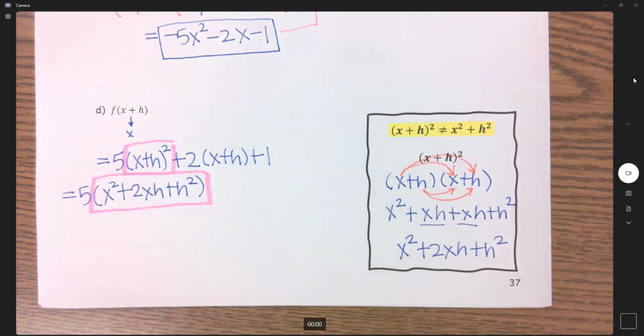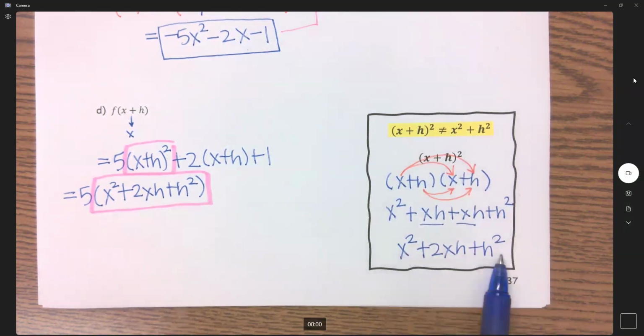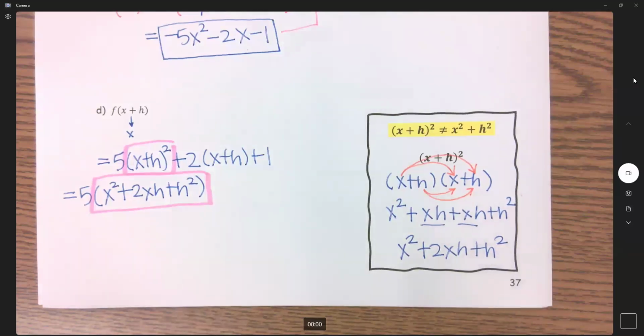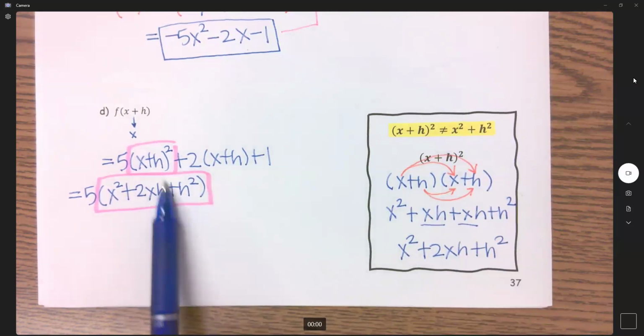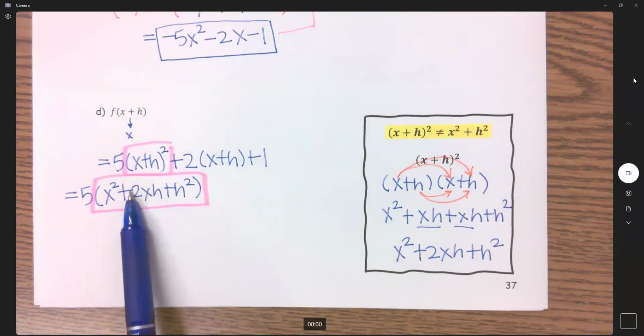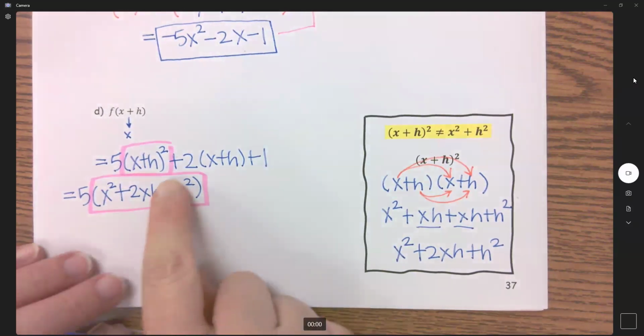Or if you want to put on your note card, (x plus h) quantity squared equals x squared plus 2xh plus h squared, that's fine too. But it does not equal x squared plus h squared, because then we miss that middle term of 2xh. Okay, continuing on.